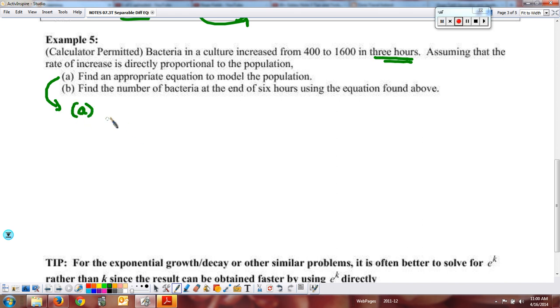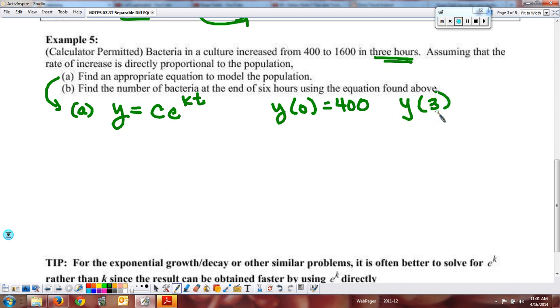We're going to say we know y equals c e to the kt. C is going to come from our initial amount. We're pretty much going to assume that this 400 is your initial amount. So y of 0 is going to be 400. And then we're going to assume y of 3, 3 hours later, is going to give me my 1600 in this problem.